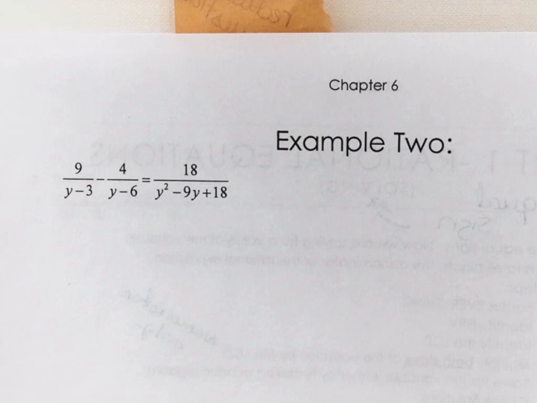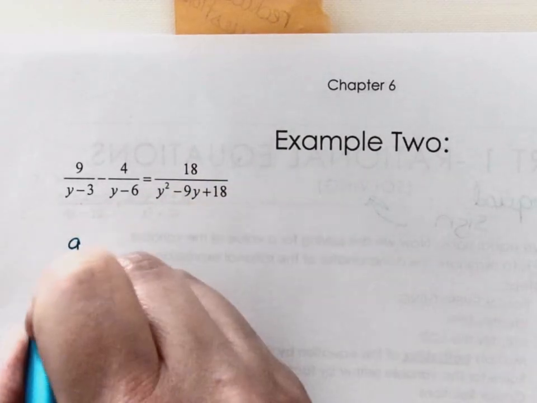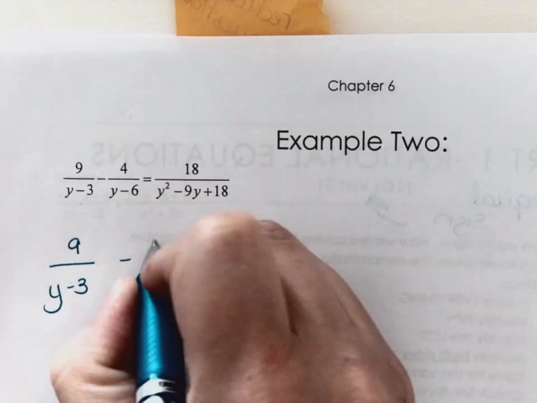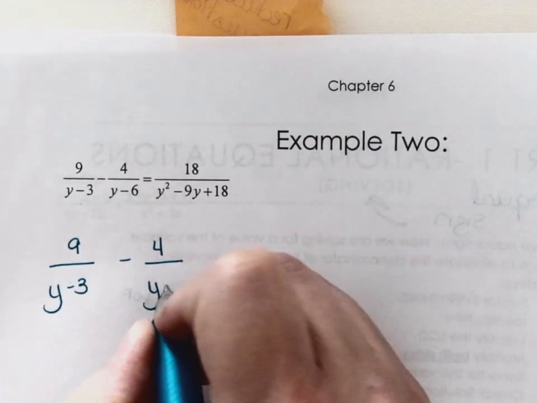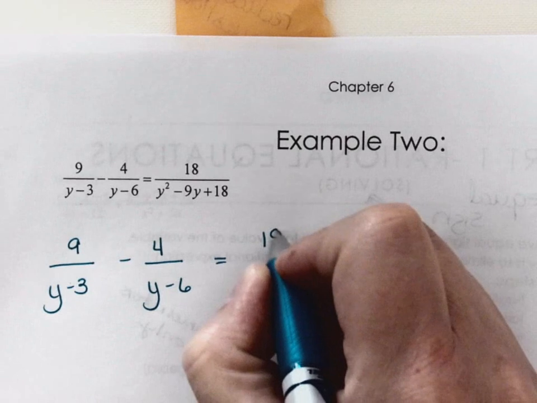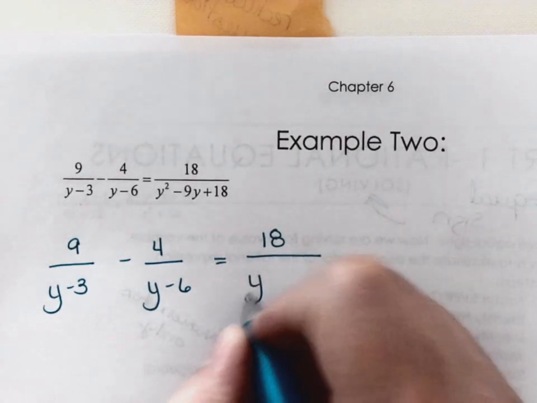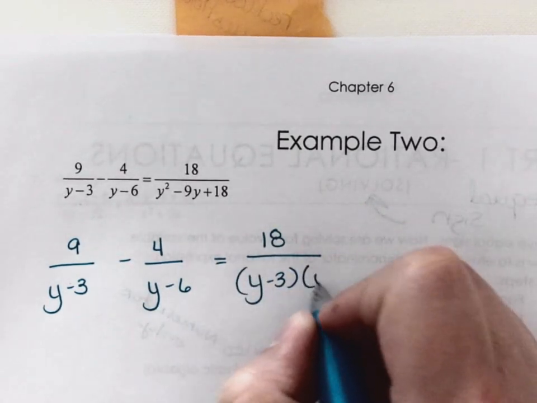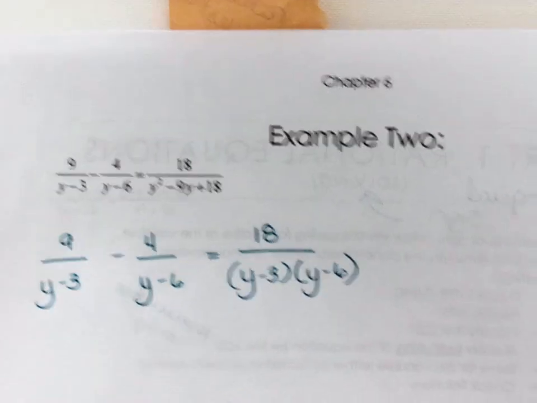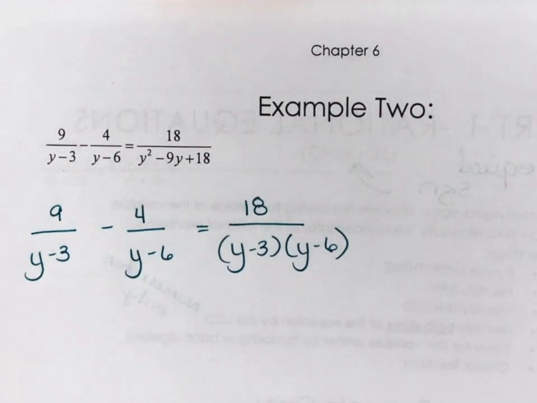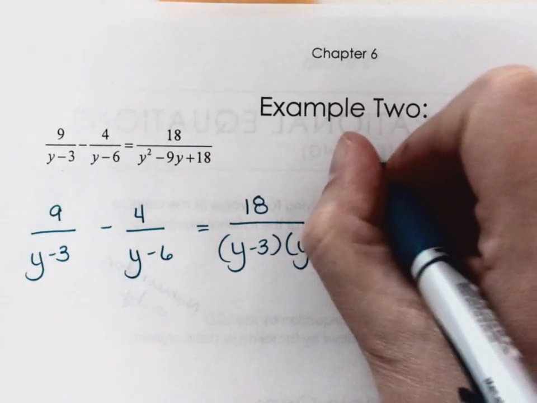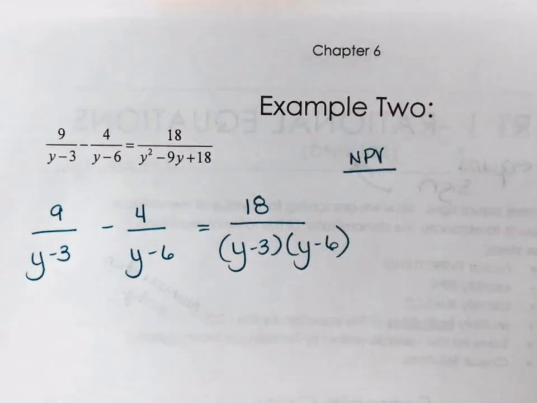Okay, what's step 1? Factor everything. What are my NPVs?